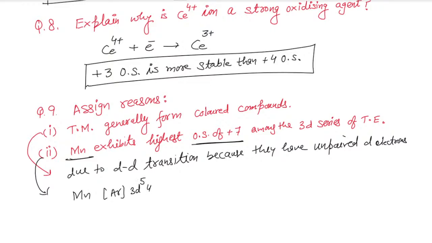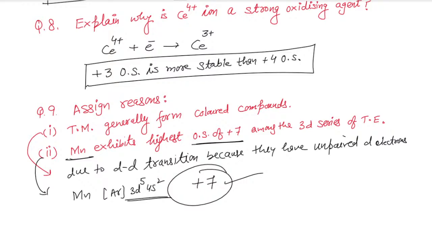Manganese exhibits the highest oxidation state of +7 among the 3d series because manganese has the maximum number of unpaired electrons. It is 3d5 4s2, so it has the highest oxidation state of +7 because there are 5 unpaired electrons, not vacant d orbitals but exactly half-filled configuration. So there is 1 electron in each d orbital.